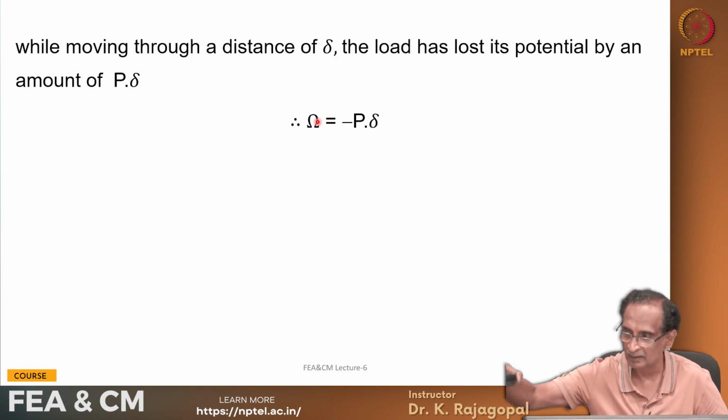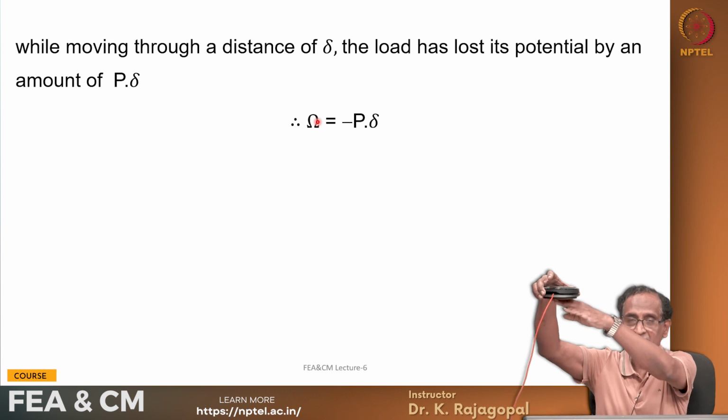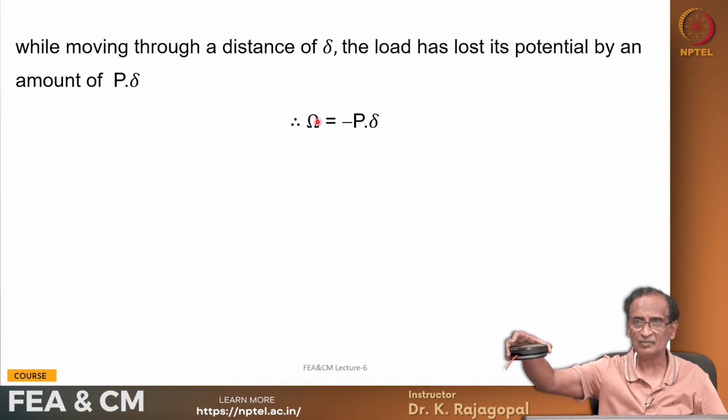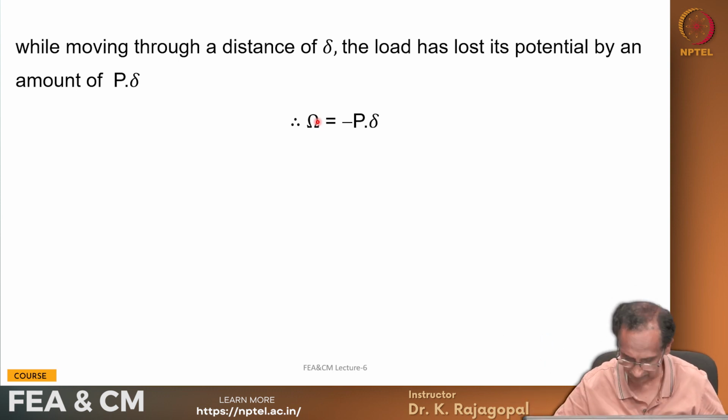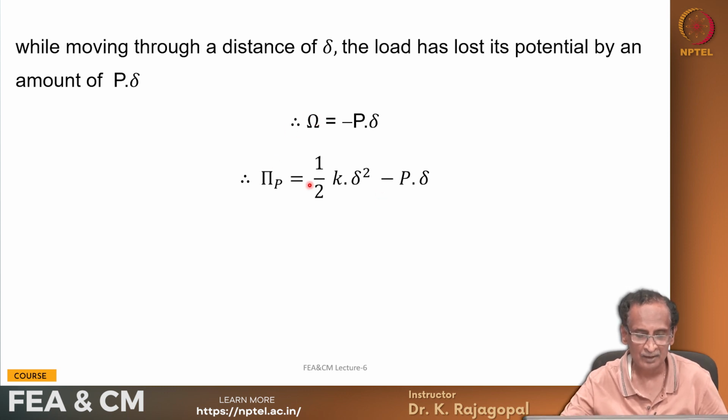Like for example, say if this object is at this height, it has got so much of potential energy, but if I move it, then it has lost that much potential energy to do the work, okay? So our total potential is 1/2 K delta square minus P delta, right?